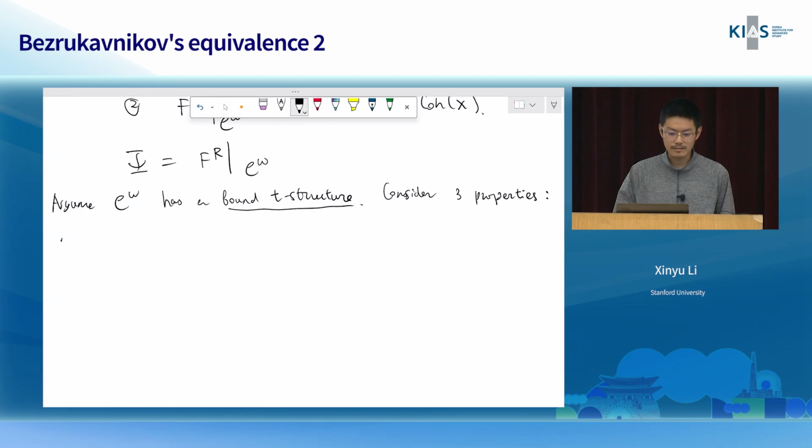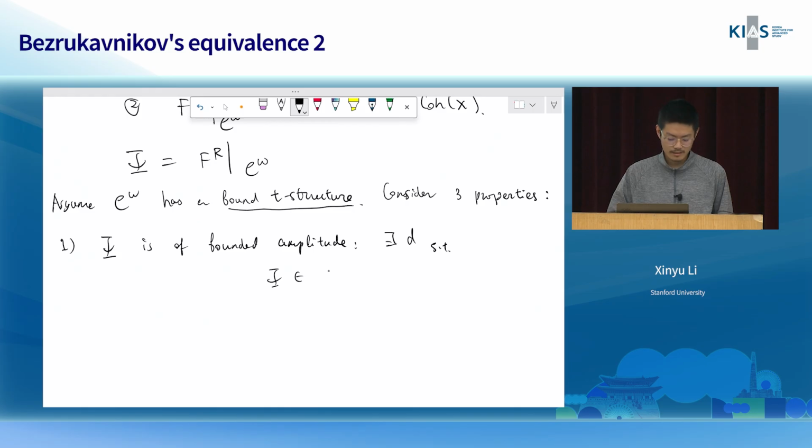The first is that this functor Psi is of bounded amplitude, which means that there exists some large integer d such that Psi maps the connective part to something in degrees less than or equal to d, and maps the co-connective part to something in degrees greater than or equal to minus d.